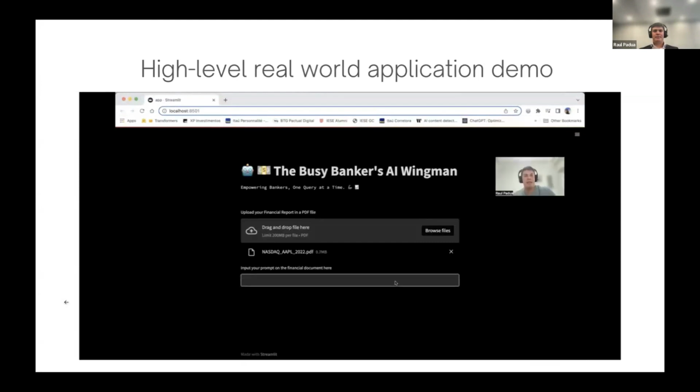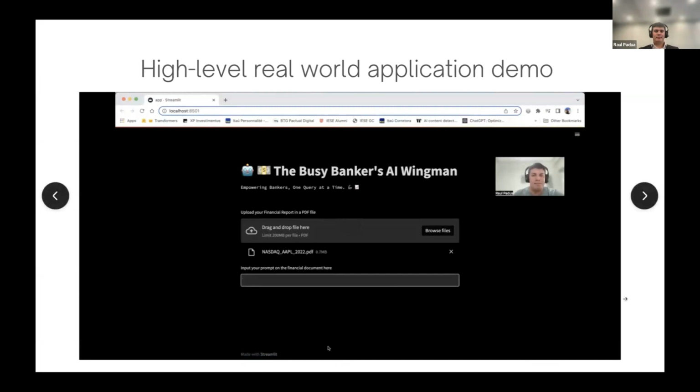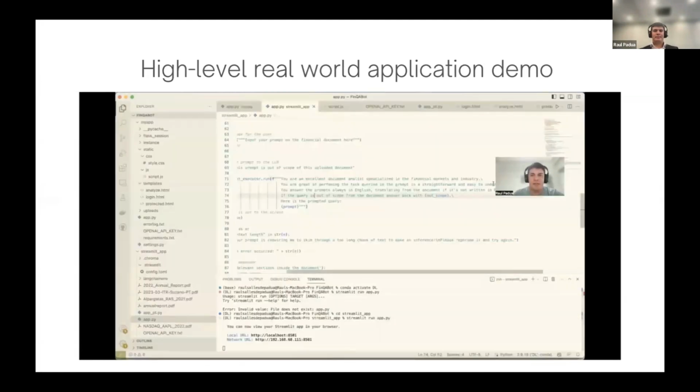The app already starts to ask you to prompt this document, in which we're adding context to the model after instructing it with its role. And this is what we call the prompt engineering part.